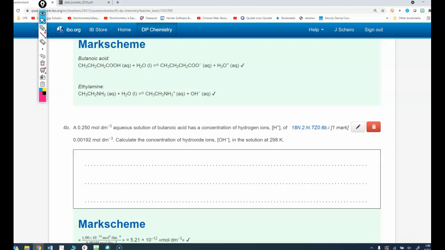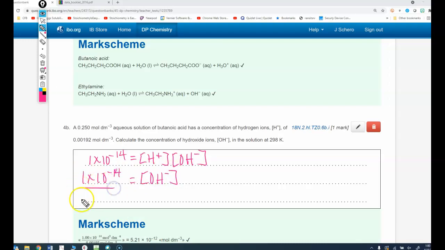All right, this one is only 1 mark because it relies on you remembering that 1 times 10 to the negative 14 is equal to the hydrogen ion concentration times the hydroxide ion concentration. So to get your hydroxide ions, you should only have to do 1 times 10 to the negative 14 divided by the hydrogen ion concentration, which is 0.00192.